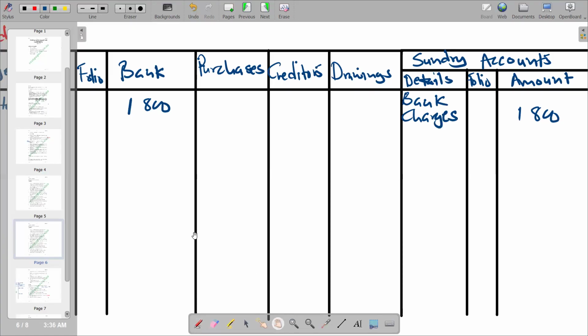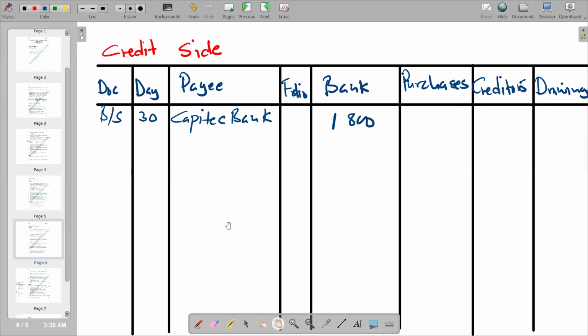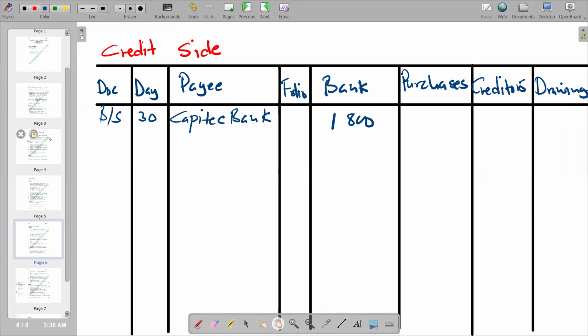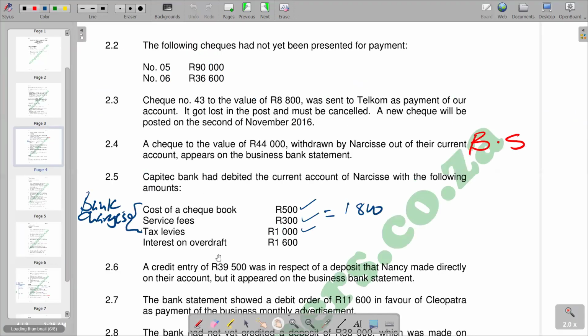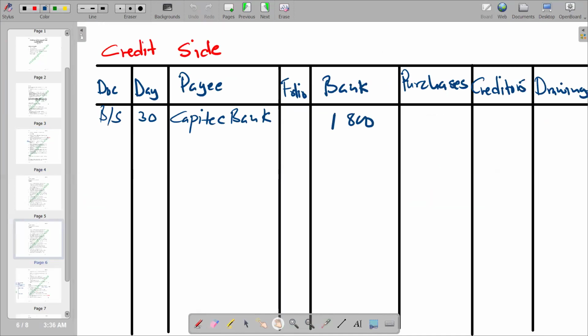Also, you have interest on overdraft. If you refer back, you see that we've got interest on overdraft of 1,600. So we can also update that one, whereby the payee is still the same bank, which is Capitec. The amount we've identified is 1,600.